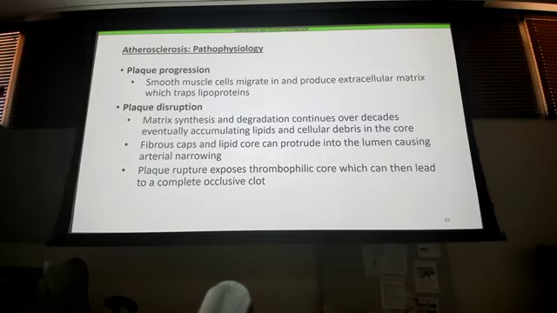But to kind of help mitigate some of this, the smooth muscle cells get recruited to kind of surround those foam cells that have ruptured to try to contain everything, and then that leads to then the lumen of the artery becoming more and more stenotic, and then that exposes that weakened wall to shear forces and other stressors that then can lead to this plaque disruption, which then causes that thrombogenic core to be exposed, and then a clot can easily form to occlude that vessel.